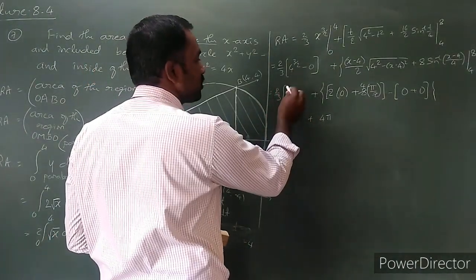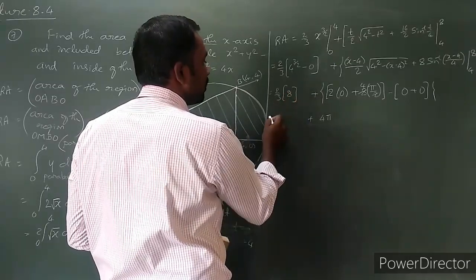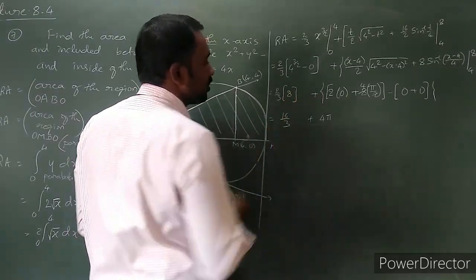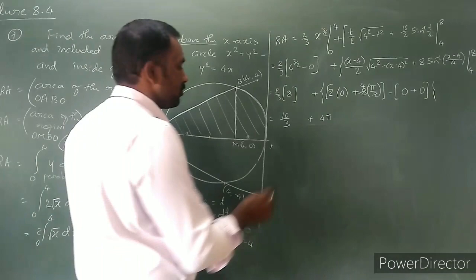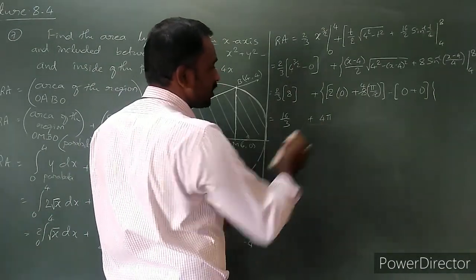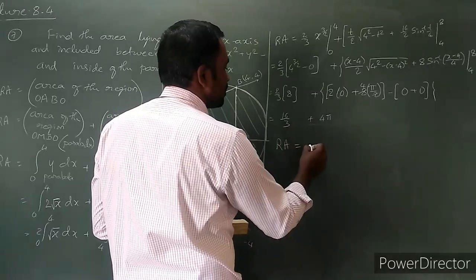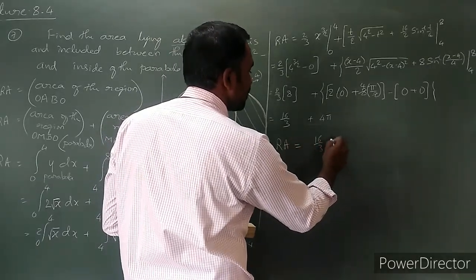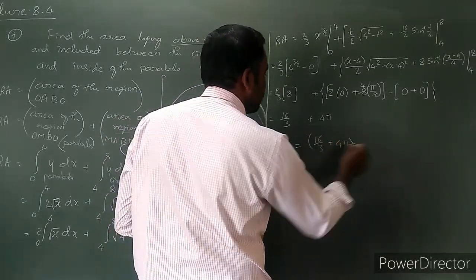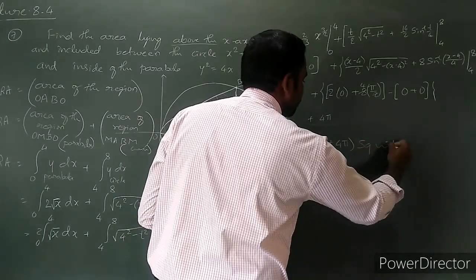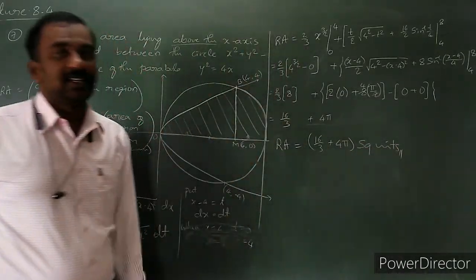Root 4 is 2, 2 cube is 8, that means 16 divided by 3. So the required area is equal to 16 by 3 plus 4 pi square units. Okay, this is the correct answer.